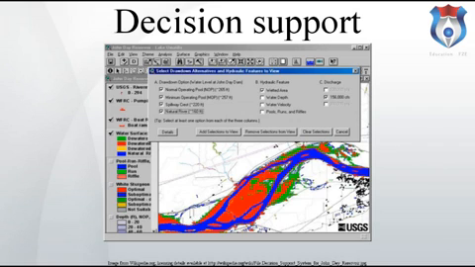DSSs which perform selected cognitive decision-making functions and are based on artificial intelligence or intelligent agents technologies are called Intelligent Decision Support Systems (IDSS).